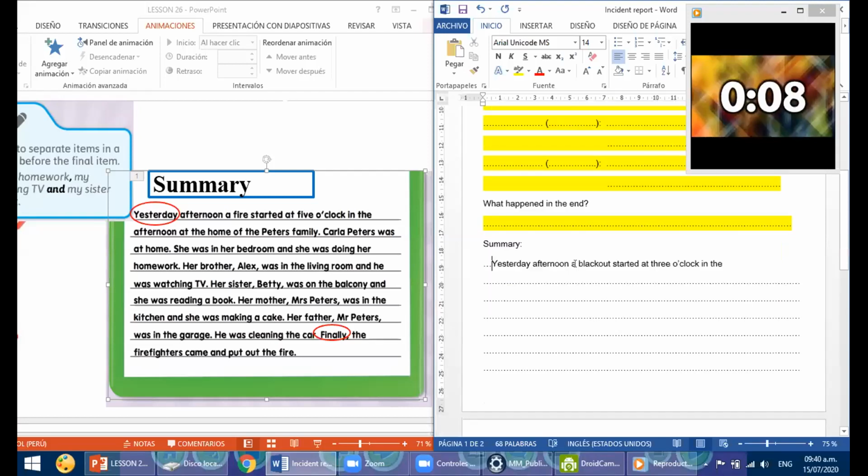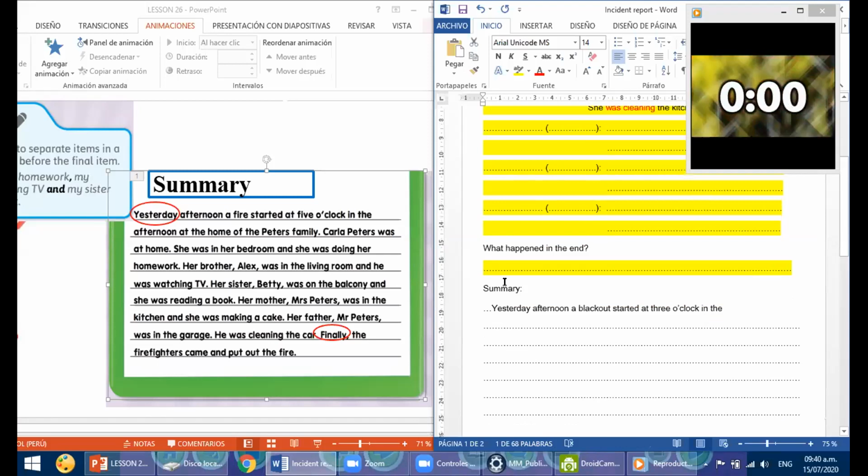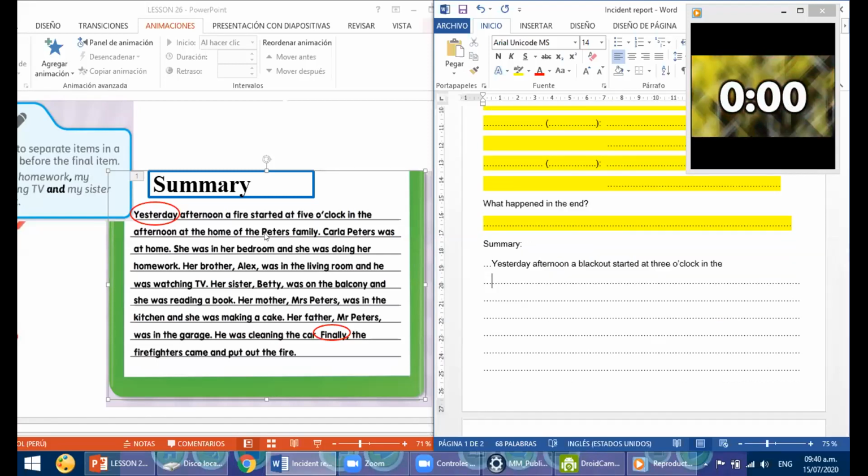Yesterday afternoon, a blackout started at 3 o'clock because I put here blackout. I write here 3 o'clock in the afternoon. The same. Okay? This is the same information. In Genesis's case, for example: Yesterday afternoon, a blackout started at 3 o'clock in the Perez family, because it was in her house.